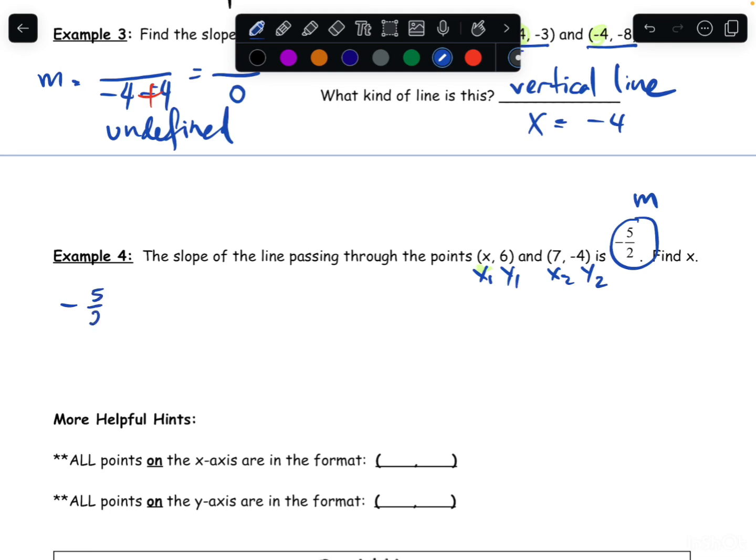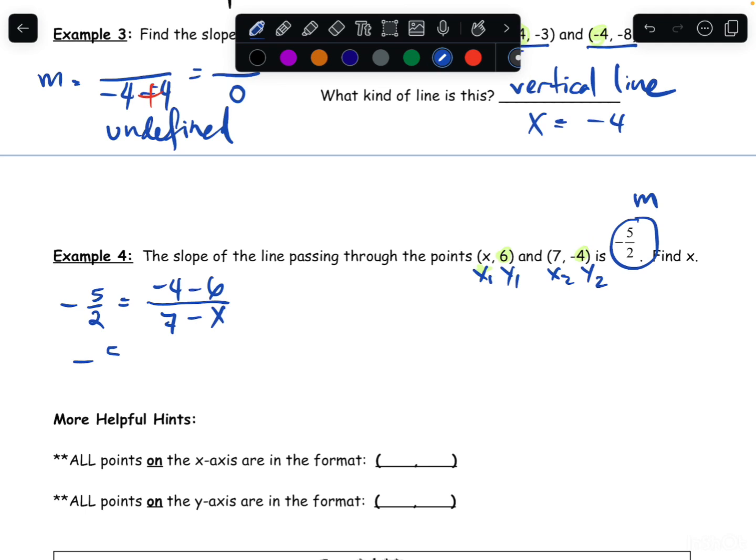This is going to be -5/2 is equal to y2, which is -4. Again, let me highlight that. These are my y's. So -4 minus 6, and my x's are going to be 7 minus x.